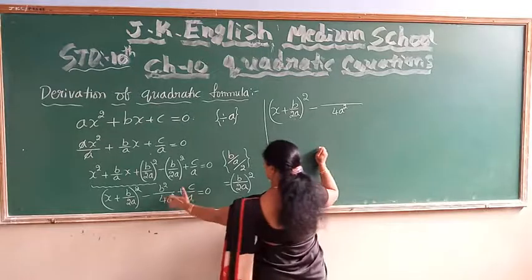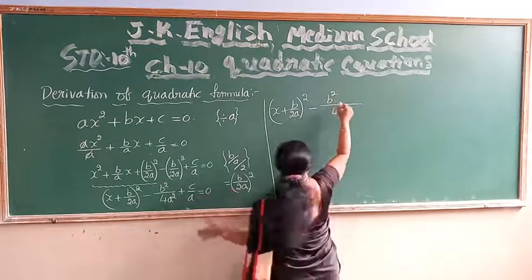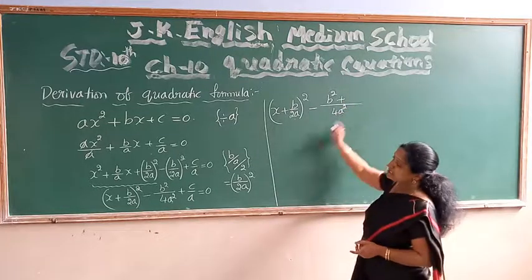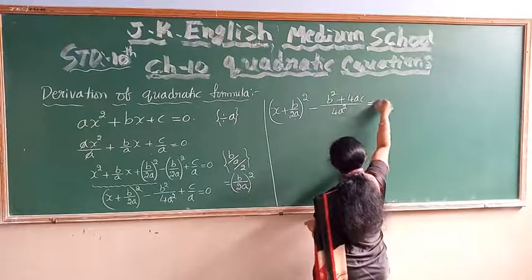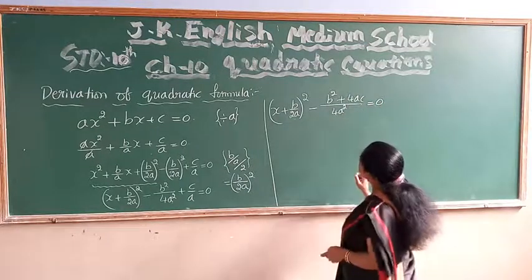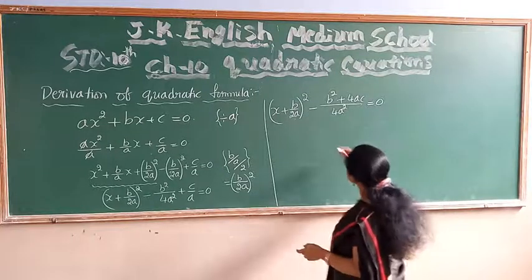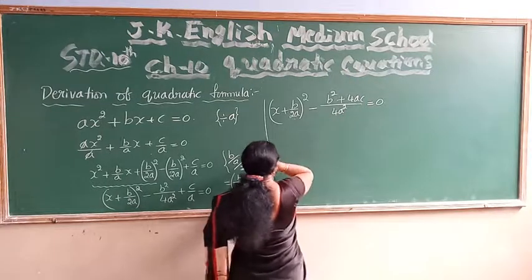Then 4a square stays as it is, b square, plus, it gets cancelled, only 4a remains, 4a into c, 4ac is equal to 0. Then after this simplification, you take this whole term to that side and it becomes positive.